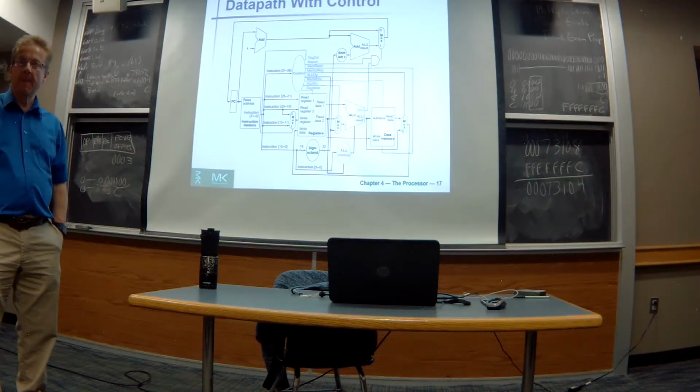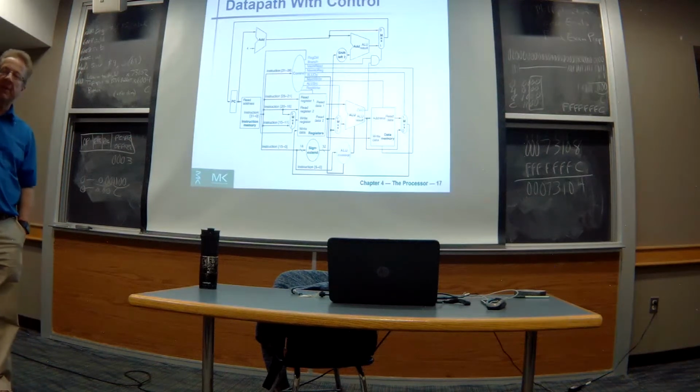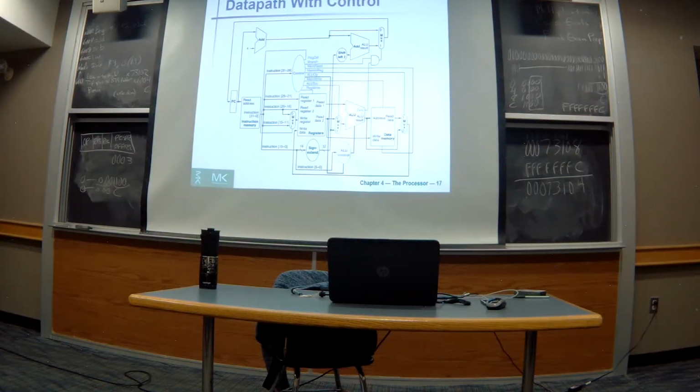Are the pipeline questions going to look like this as well? Well, on a pipeline question I will typically be giving a sequence of instructions, because with a single cycle data path, we're only handling one instruction at a time. With the pipeline data path, we're handling multiple instructions at a time.